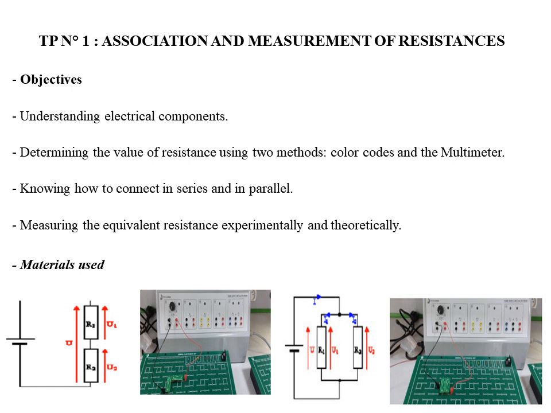Let's move to practical work number 1, association and measurement of resistance. The objectives here: first, understanding electrical components and determining the value of resistance using two methods, color codes and the multimeter device, and knowing how to connect in series and in parallel, and measuring the equivalent resistance experimentally and theoretically.